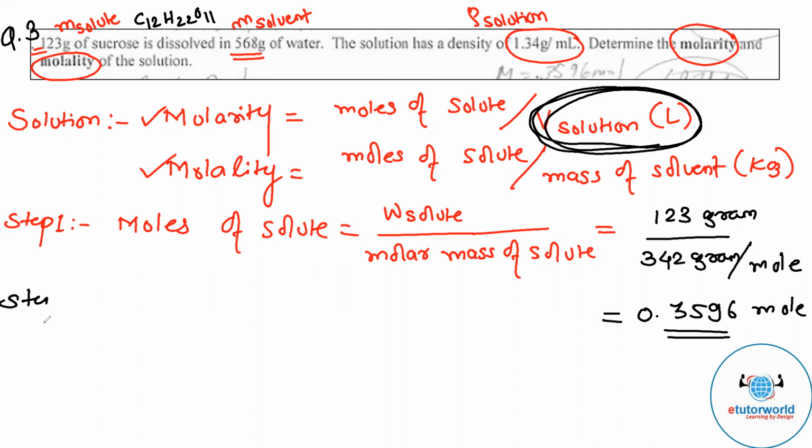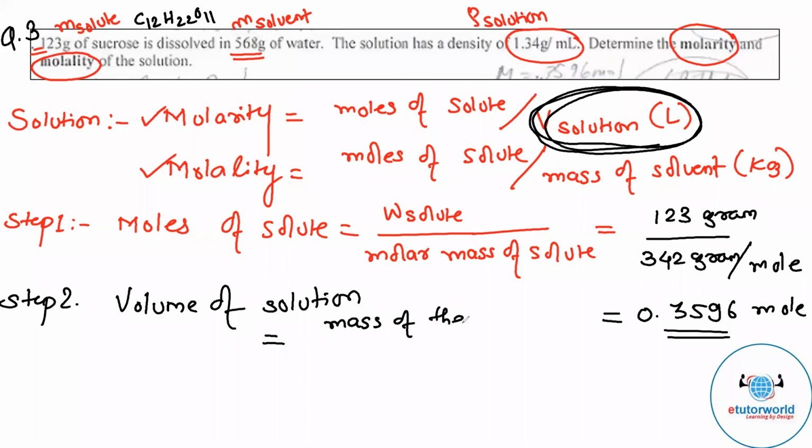So step 2. Volume of solution. Always proceed step by step, Aditi. Volume of solution from the density I mentioned. So how will we get it? Mass of the solution divided by the density of the solution. So let's check this.